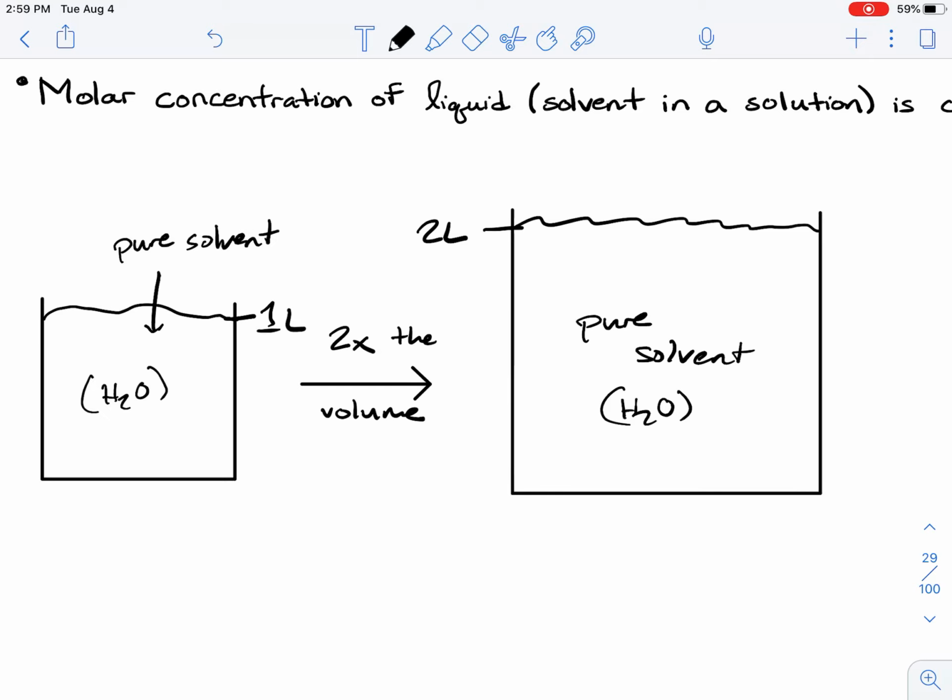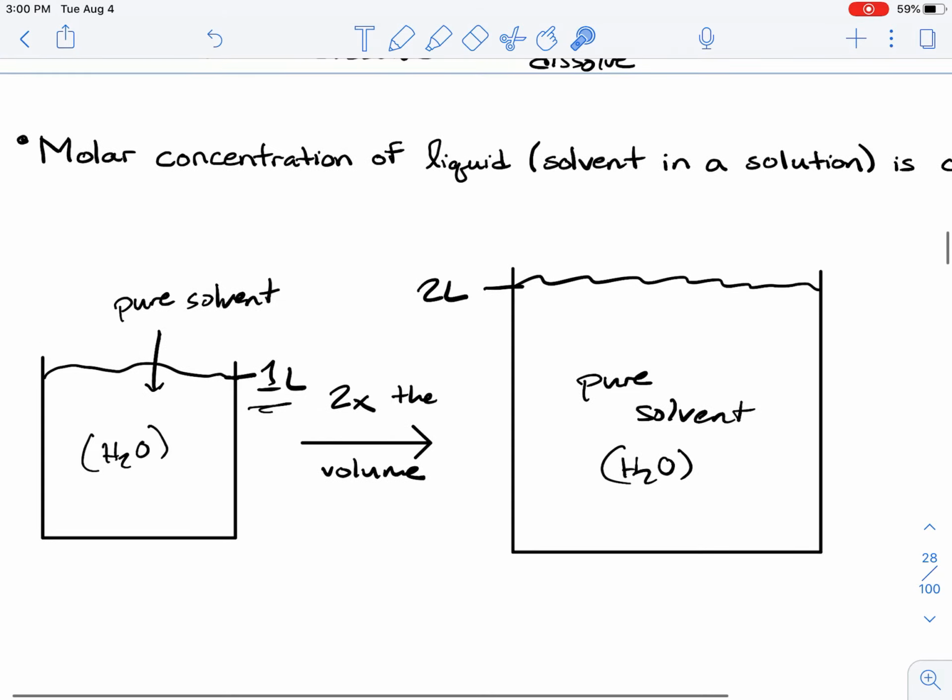And so if we have 1 liter of water, the ratio between the amount of water to its volume is going to be proportional if you double the volume, right? If you double the volume for liquid water, for the solvent, the amount also is doubled, and therefore the ratio is going to be the same.